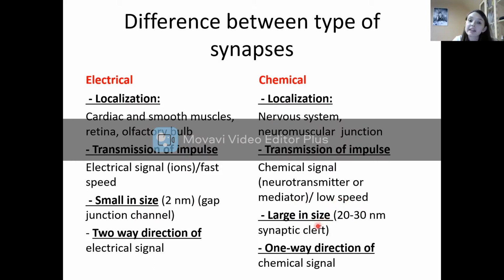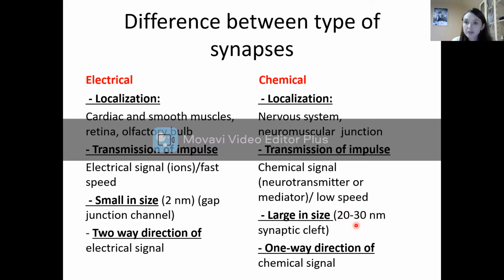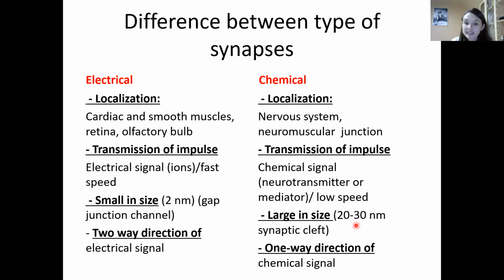Because in chemical synapses the synaptic cleft is very big, about 20 to 30 nanometers. If you remember, we talked about the synaptic delay. It requires time to release the neurotransmitter, to transport it to the postsynaptic membrane and to act on that postsynaptic membrane. That is why the transmission will take time, so the speed will be low.